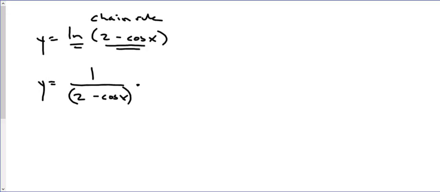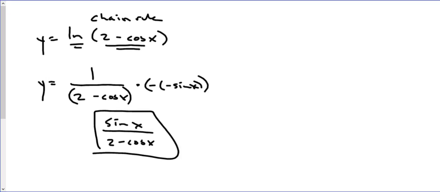Now times the derivative of the inside, which is, derivative of 2 is 0, and the derivative of negative cosine would be negative times negative sine of x, make it positive. So we'd have sine of x over 2 minus cosine of x. And that would be our simplified answer.